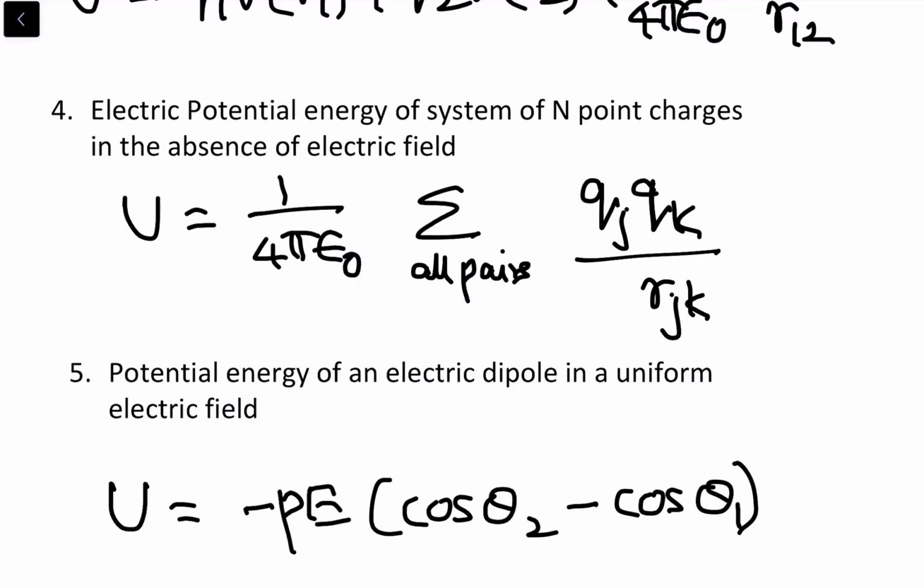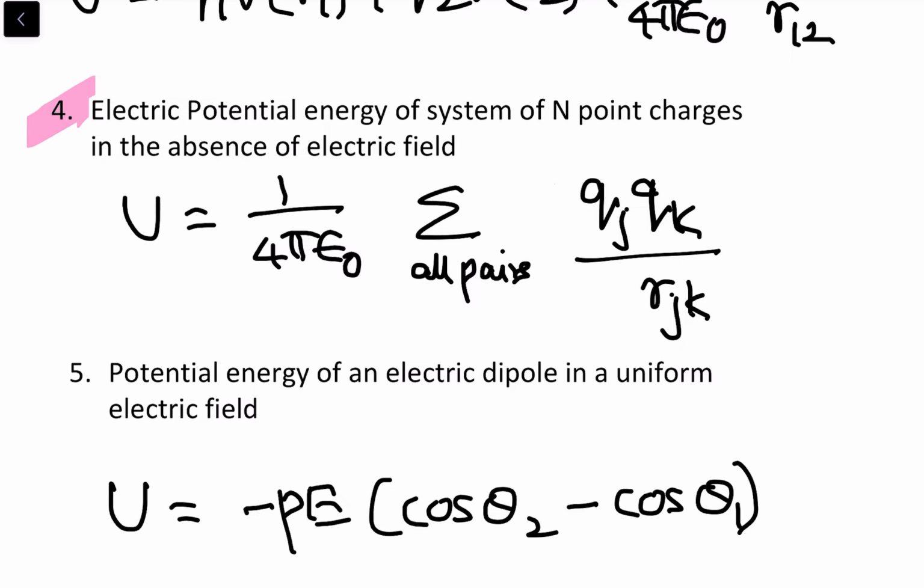This is the electric potential energy of a system of n point charges in the absence of electric field. Sorry, I said something wrong here; this is also in the absence of electric field, for pairs of n charges.